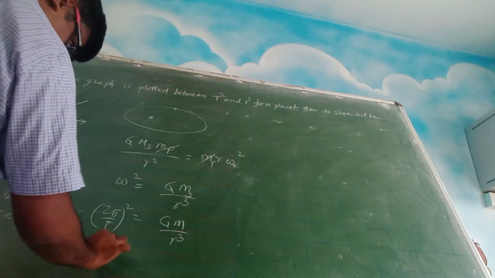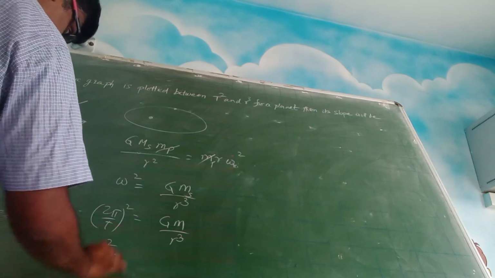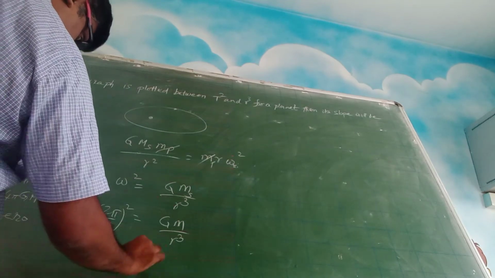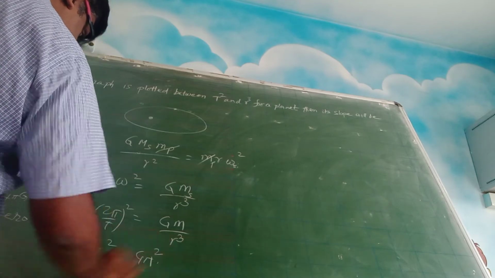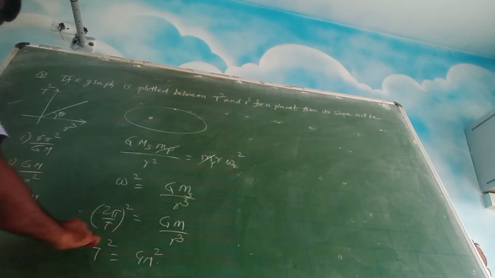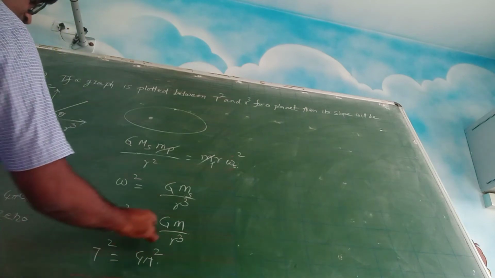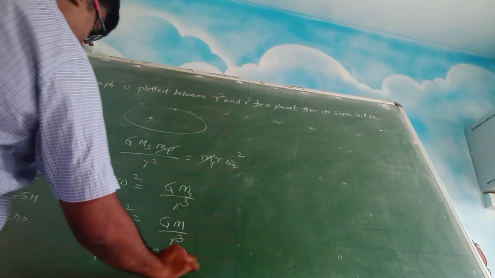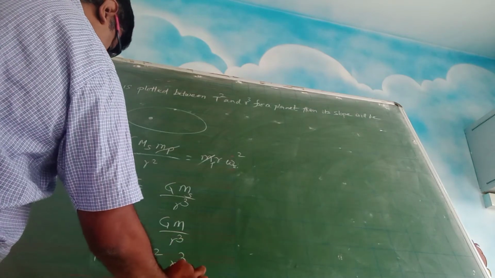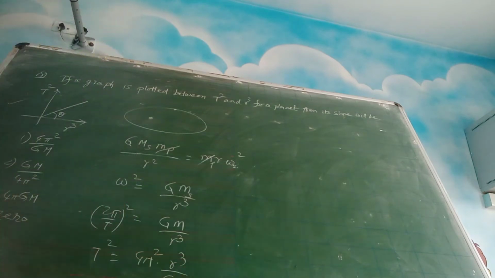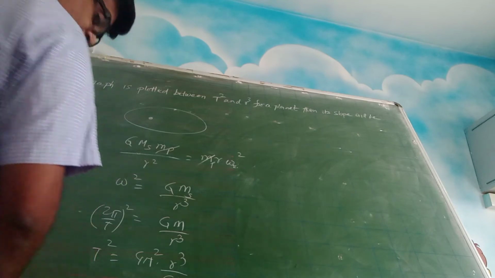So from here you can get t square is equal to, just cross multiply, 4 pi square into r cube by GM, right? So this is what you got. So look at this term.